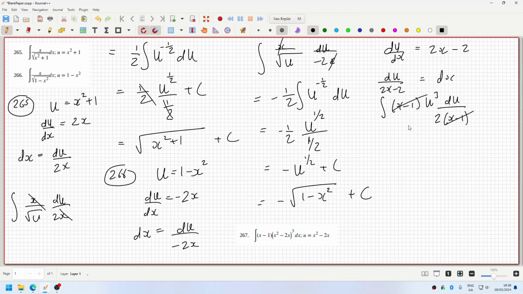So they cancel, and that's a half integration of u cubed du, which is a half u to the 4 over 4 plus c. So that's 1/8 x squared minus 2x to the power 4 plus c.